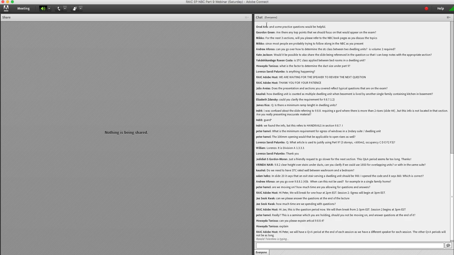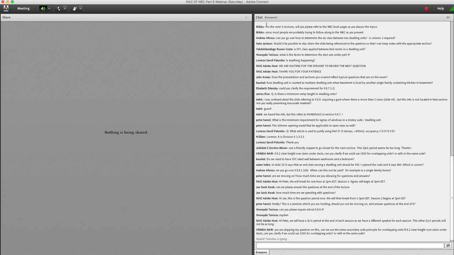A question here, it says, in slide 20, that an exit stair serving a dwelling unit should be 900 millimeters. I open the code and it says 860, which is correct. So there are differing requirements depending on whether it's an exit stair, or just another public stair, or if it's serving a dwelling unit.